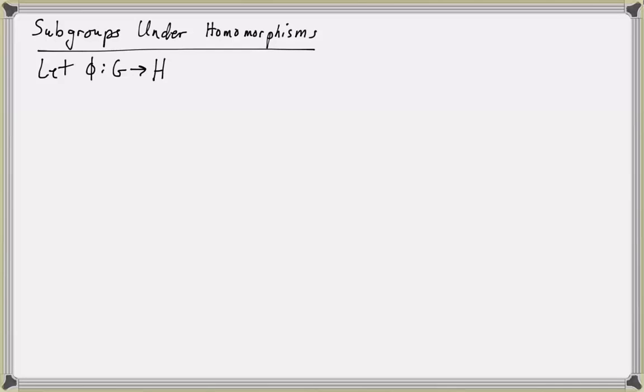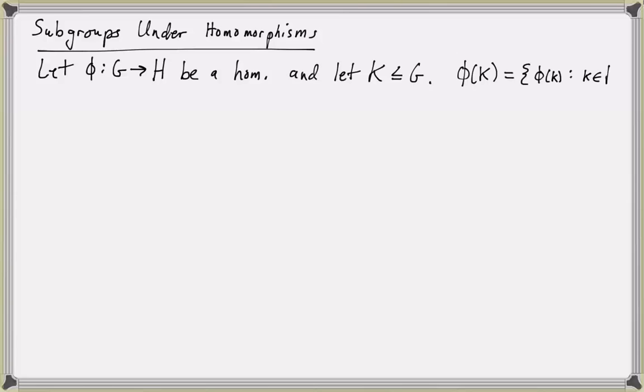Let phi be a homomorphism from group G to group H, and let K be a subgroup of G. Then the image of K, phi of K, would be the set of all elements phi of little k, such that little k is an element of the subgroup K. And property 1 tells us that if K is a subgroup of G, then phi of K is a subgroup of H. So the image of a subgroup is a subgroup.